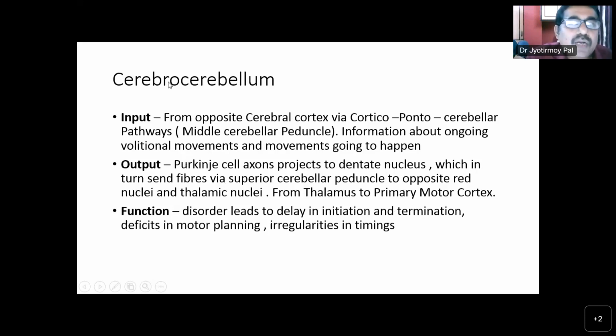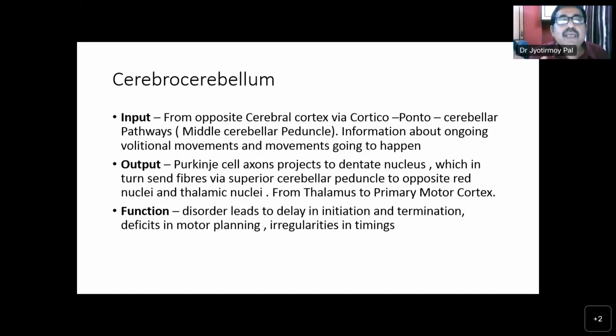So any disorder of the cerebrocerebellum, that means the cerebellar hemisphere, will result in problems of motor planning and execution. That means there will be delay in initiation, delay in termination, deficit in motor planning, and chaotic, irregular timing and preciseness.